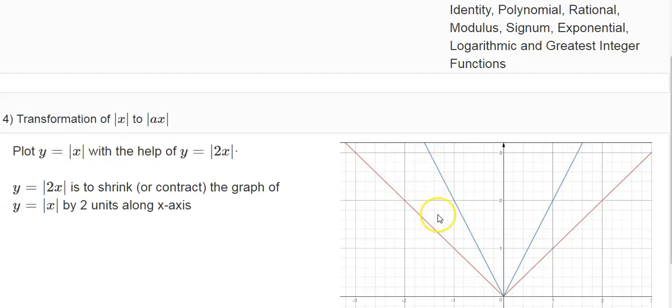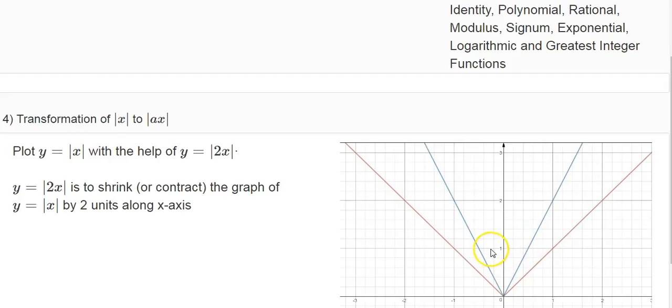Now here this is the graph of y is equal to modulus of x and this is the graph of y is equal to modulus of 2x. What has happened when we have transformed x to 2x? The graph has shrunk along the x-axis. So earlier the graph's width was this much and now the graph's width has become this much.